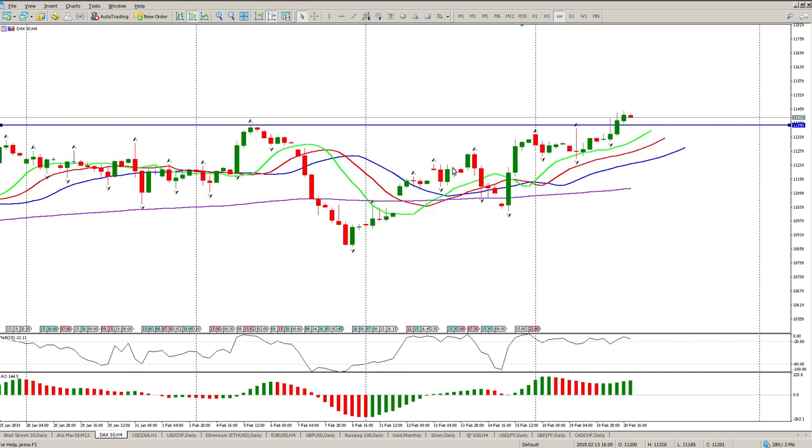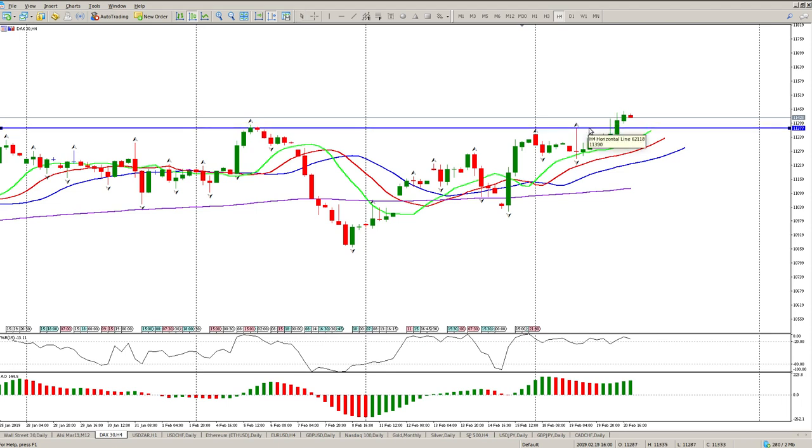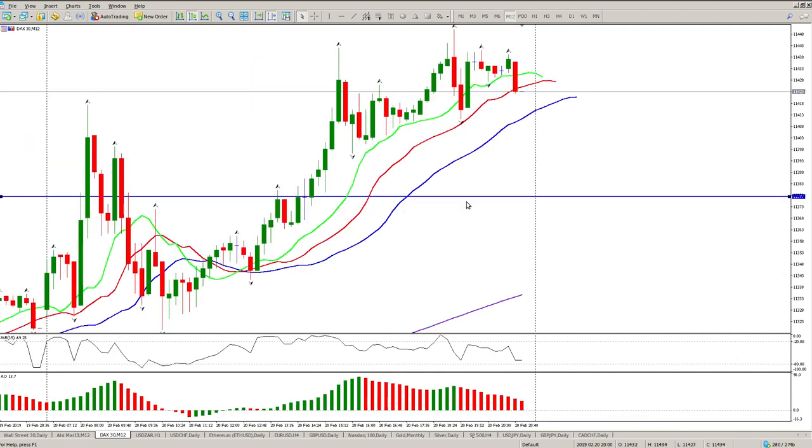Just taking that into account, and bearing in mind that I'm not really a fan of diagonal trend lines, this is a fairly strong breakout of this previous swing high. So I would expect a pullback back down into this area, consolidate, and then a move to the upside.